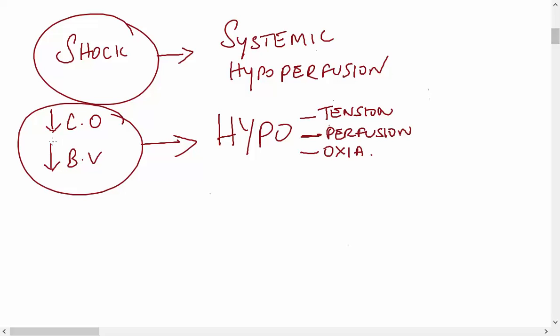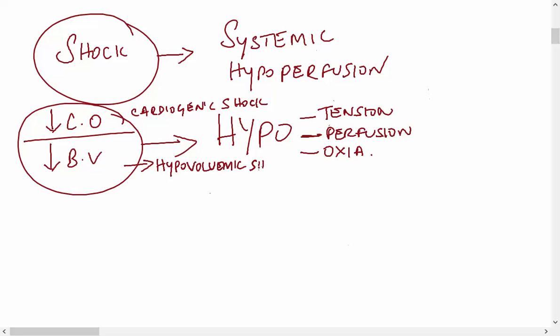So what are the causes we discussed? If it is due to reduced cardiac output, it is called cardiogenic shock. And if it is due to reduced blood volume, it is called hypovolemic shock.